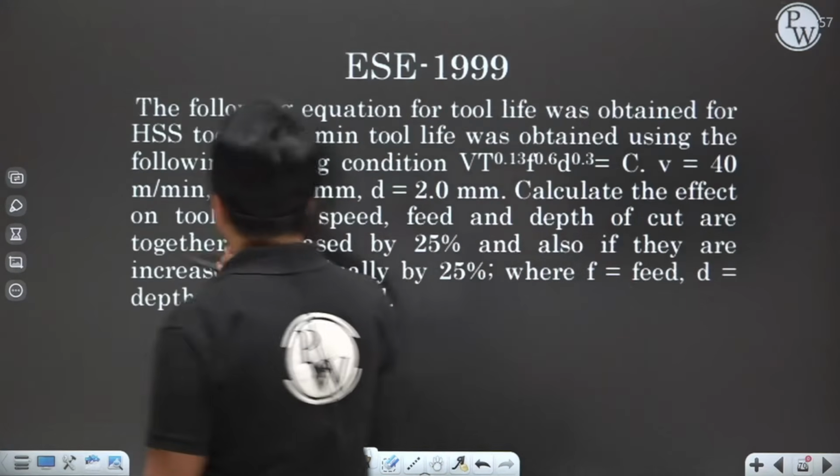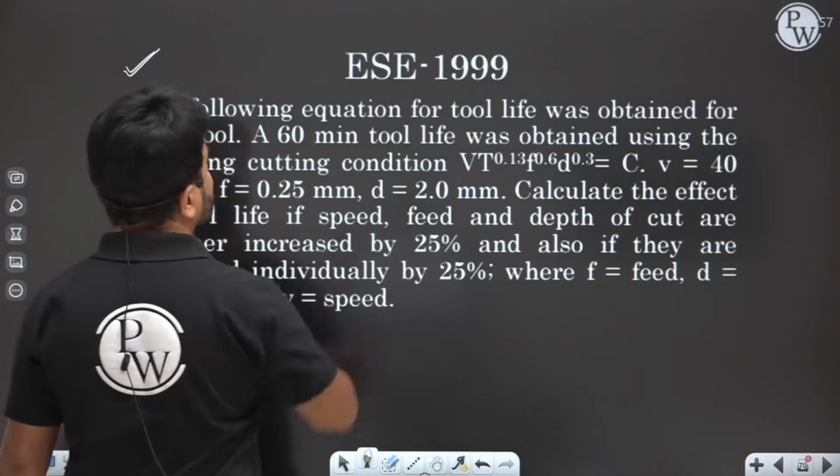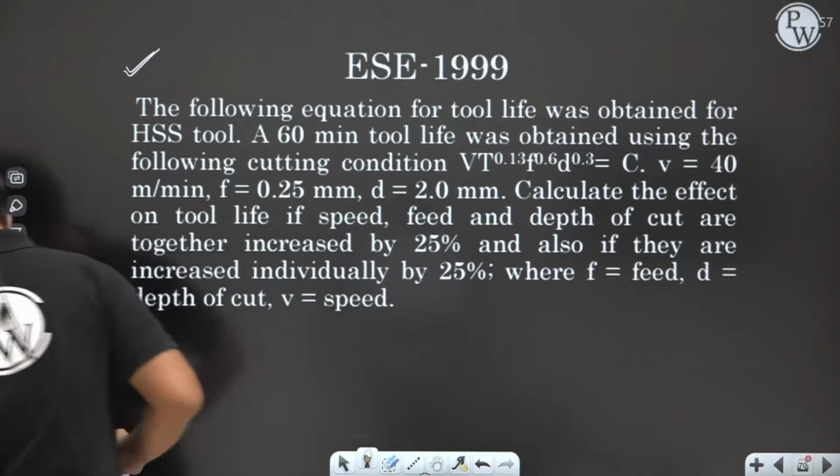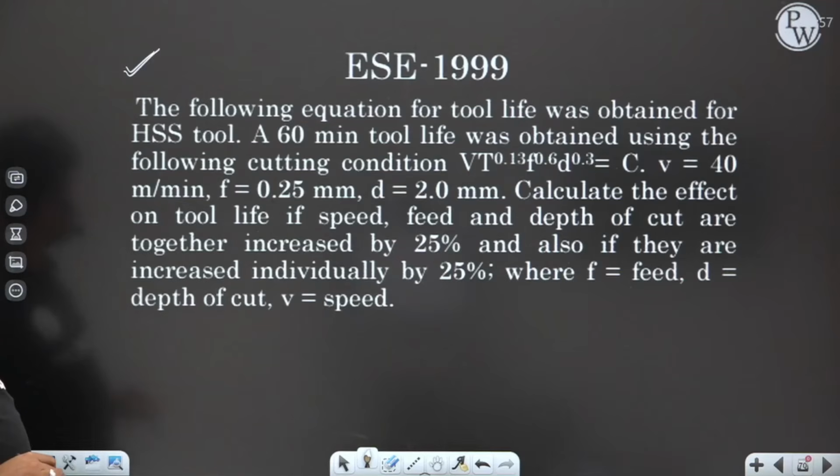Now to prove that, I'm going to solve one numerical, which is very interesting and very important. This question was asked in ESE 1999, and it is a very important question. Let's see what the question is saying.